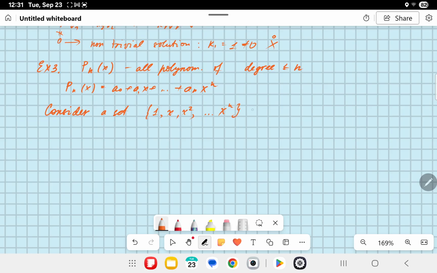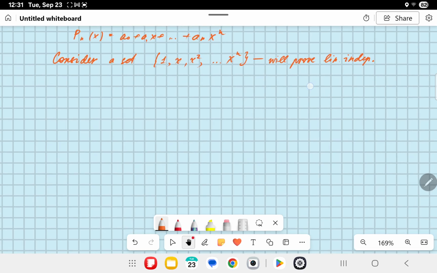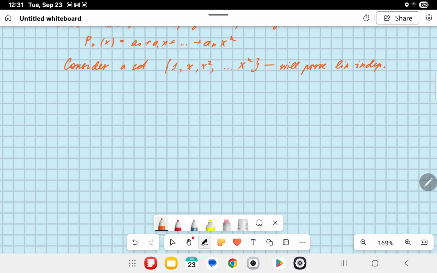Is it linearly independent? I'm going to show that it's linearly independent. We'll prove linear independence. Well, I'm going to use my theorem. So I'm going to set up a linear combination. I'm going to multiply the first constant by the first polynomial, plus the second by the second polynomial, plus the third by the third polynomial. And how many terms are we going to have here?